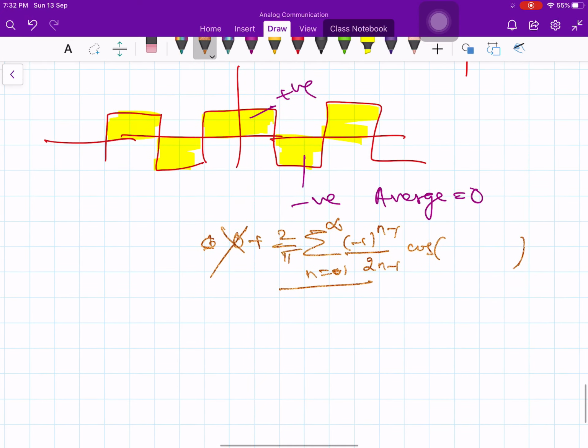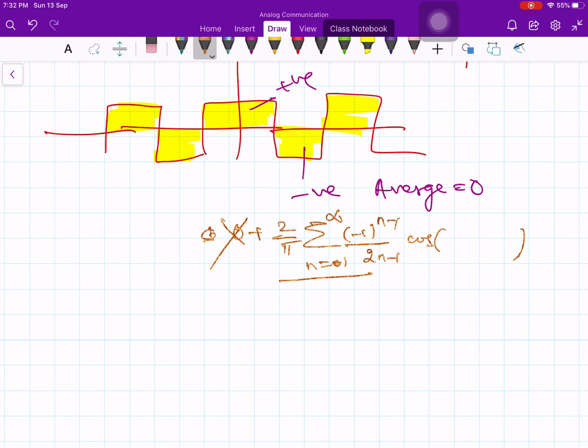And that is precisely done by a device called a ring modulator. So the next one is the ring modulator, or it is also called a balanced modulator.